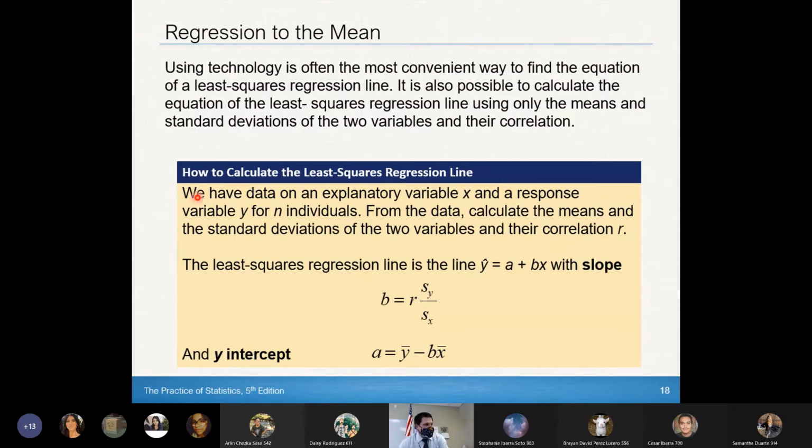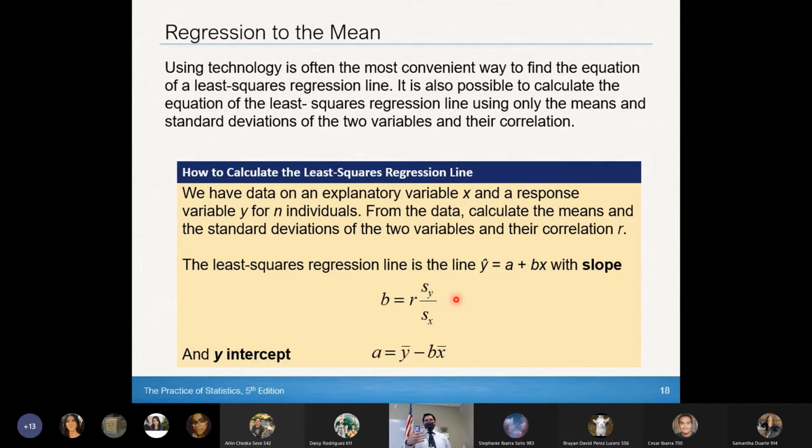We have data on an explanatory variable x and a response variable y for n individuals. From the data, calculate the means and standard deviations of the 2 variables and the correlation r. The least squares regression line is the line y hat equals a plus bx with slope b equaling r times s sub y divided by s sub x. It's kind of like r times rise over run.